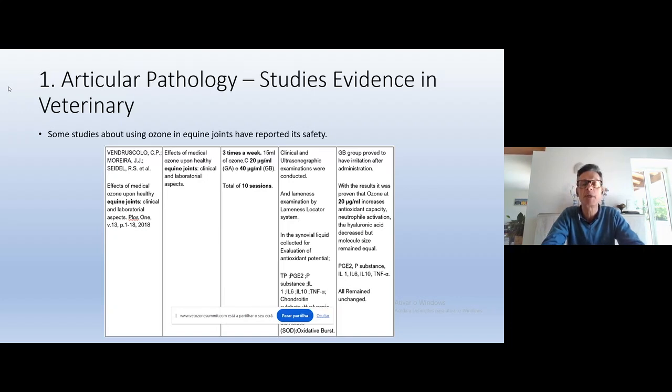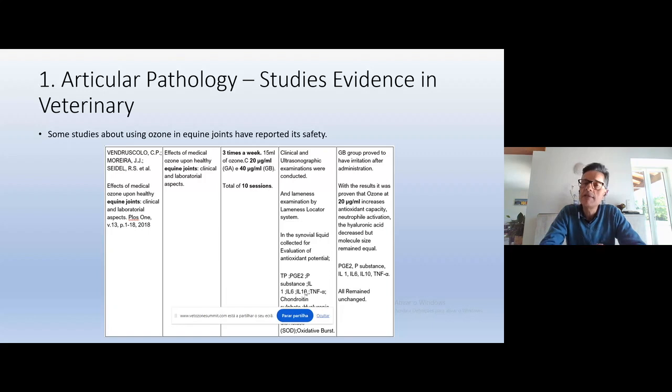This is a very interesting study made by Vendruscolo. I think it's interesting because it compares two different concentrations of ozone, with a sufficient number of sessions, 10 sessions. He measured all these substances that you have here in the fourth window of this table.